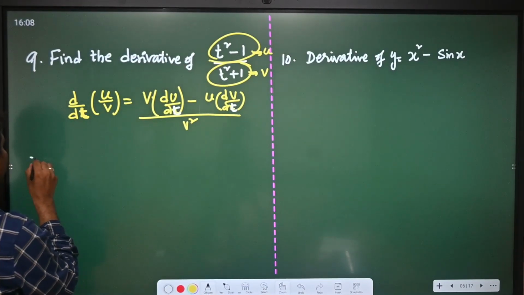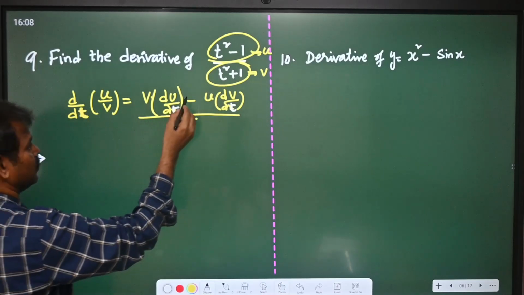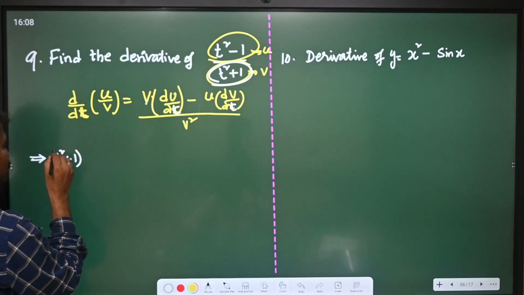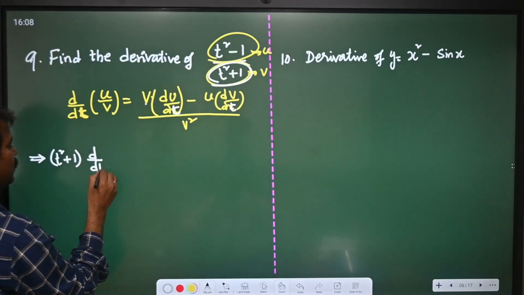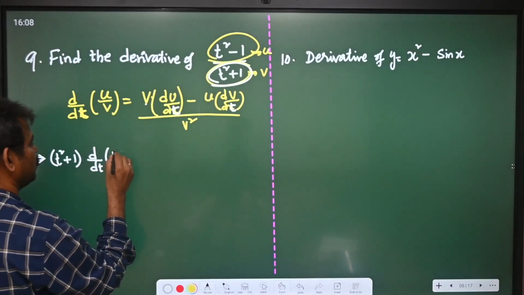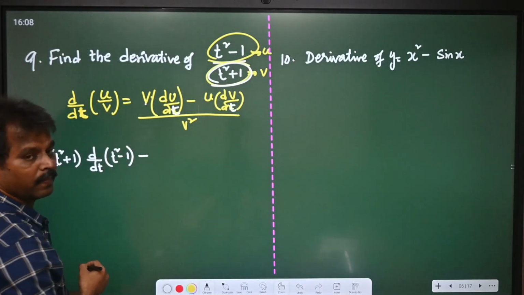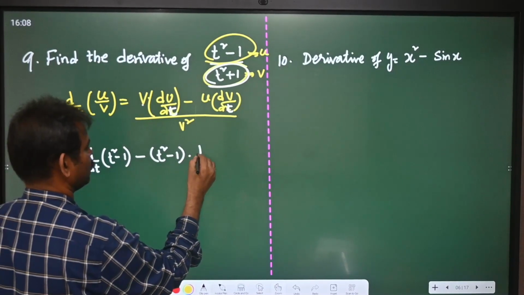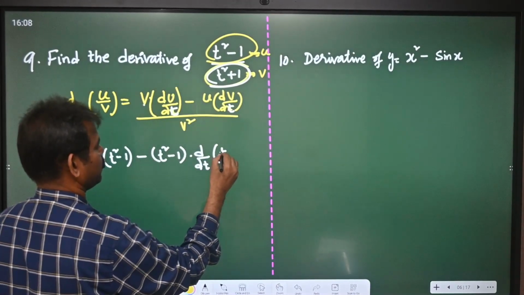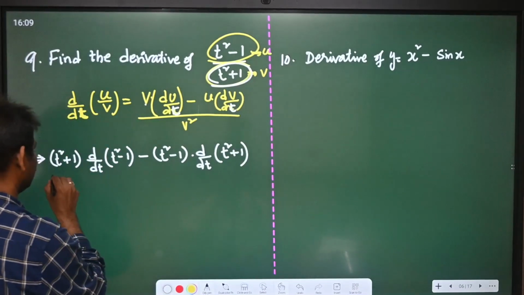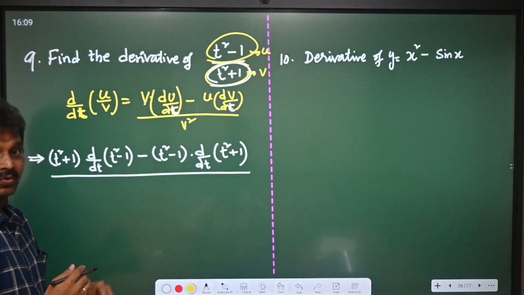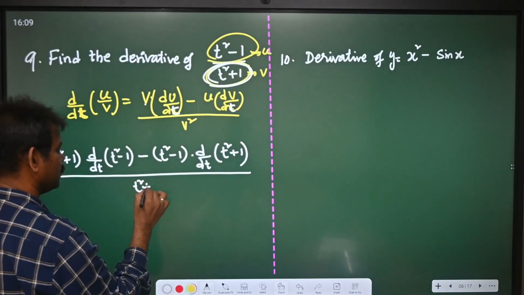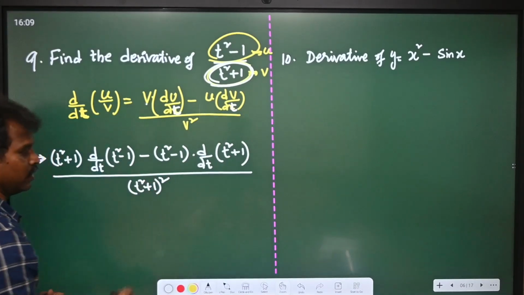So I am going to write first the term v, which is t square plus 1, into d by dt of u, t square minus 1. Then minus u, t square minus 1, into d by dt of v, t square plus 1, divided by the square of the denominator. The denominator is v, which is equal to t square plus 1. This will become t square plus 1 whole square.